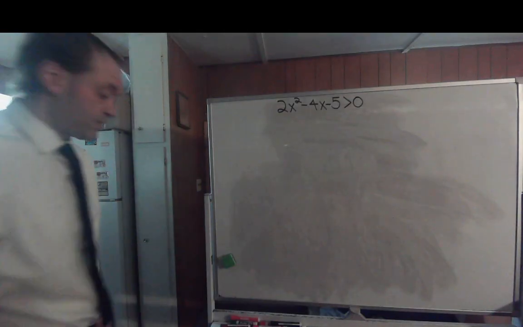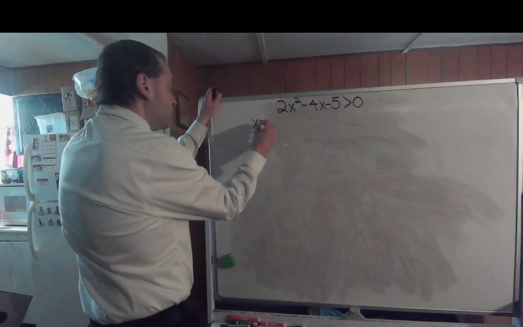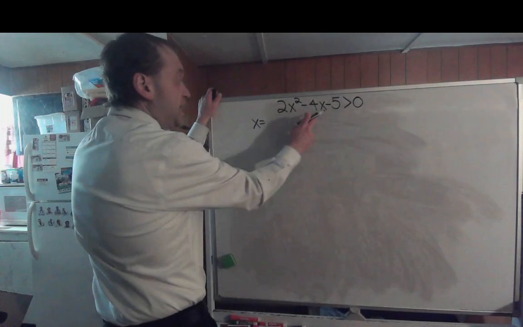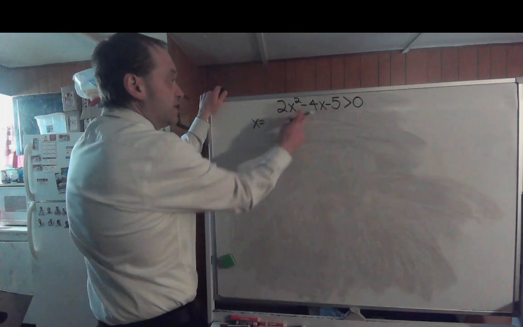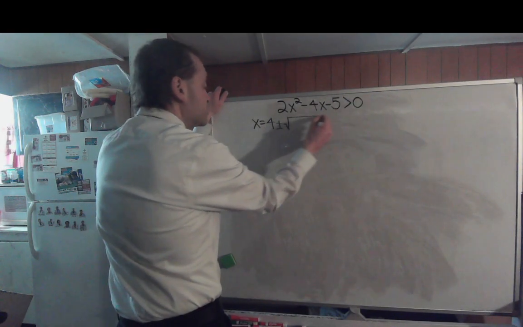So let's set up our quadratic formula here. So x would equal the negative of b. What's negative? Negative 4. That's positive 4 plus and minus the square root of b squared.